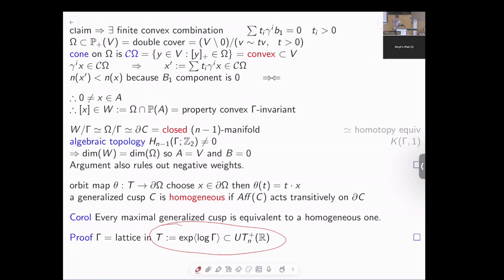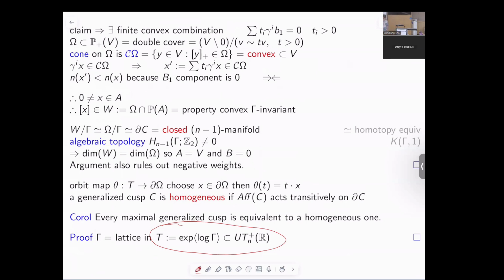Every element in gamma has a well-defined logarithm, since the matrix is positive. And then if you take the subalgebra of the Lie algebra defined by these matrices and exponentiate it, you get an abelian Lie group of dimension n-1 that contains gamma. And this is a connected Lie subgroup in the positive upper triangular group. So the conclusion is that this discrete group gamma is actually a lattice in a connected Lie group T.